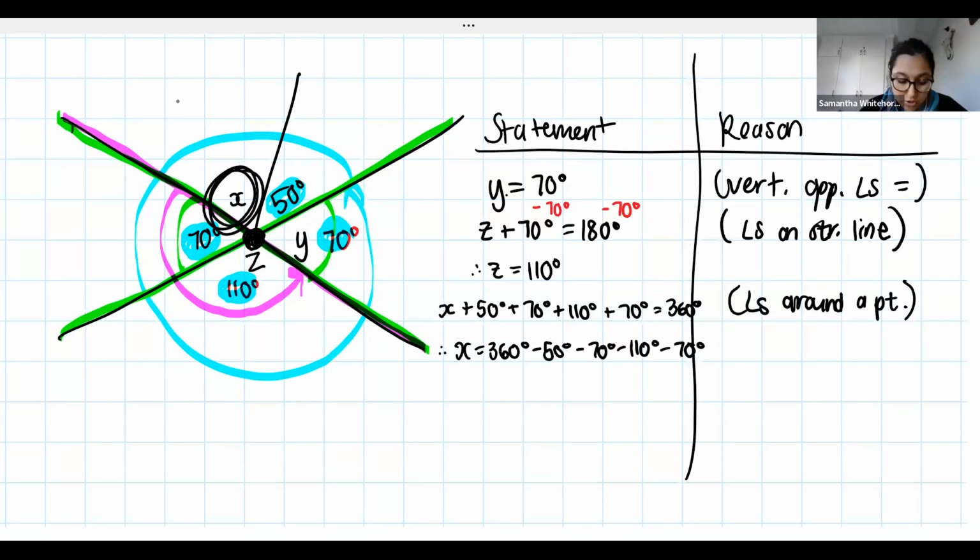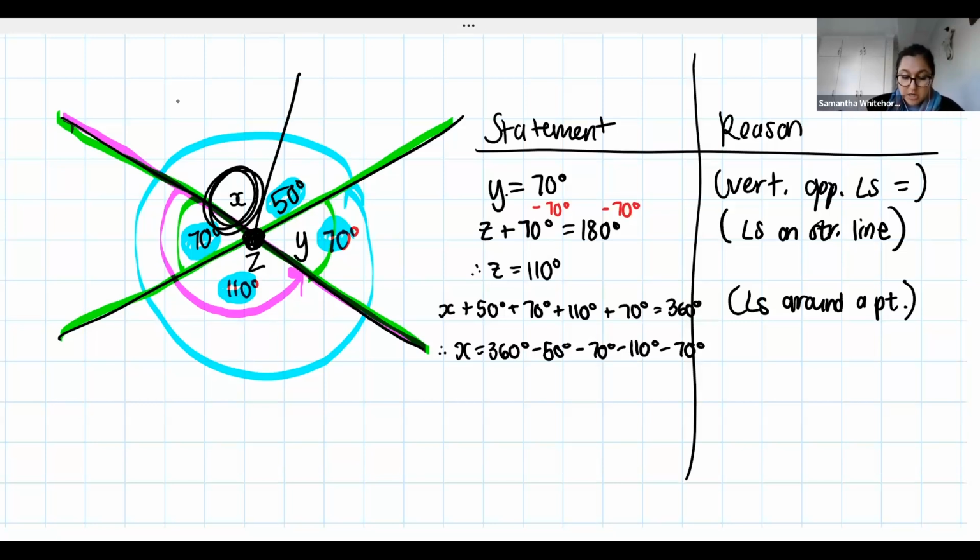And guys, remember, you should be allowed a calculator. If you aren't, just go step by step. 360 minus 50 is 310. Then we subtract 70, giving us 240. Then we subtract 110, giving us 130. And then 130 minus 70 is 60 degrees.